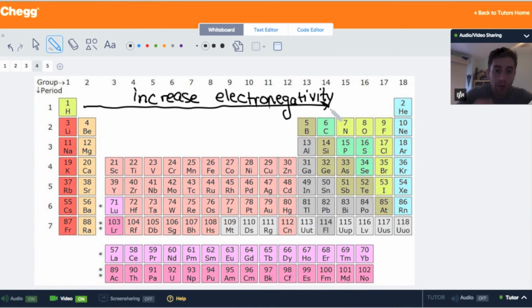And as you go up a group, you also increase the electronegativity, because when you go down a group, you're increasing that distance between the bonding electrons and the nucleus, which decreases the tendency of those atoms to pull the bonding electrons in towards itself because they're so far away.